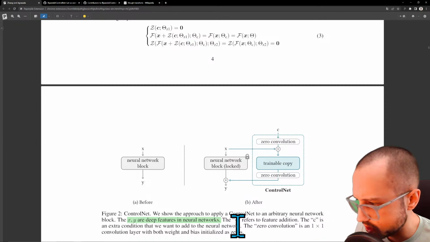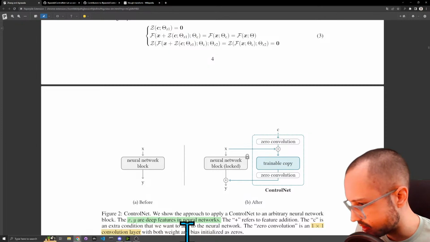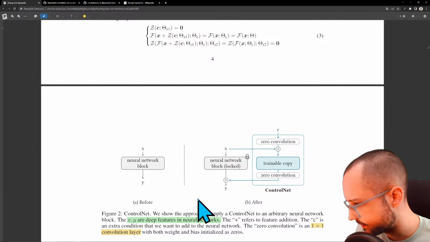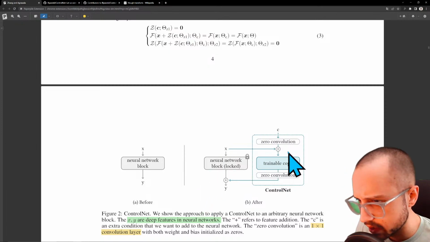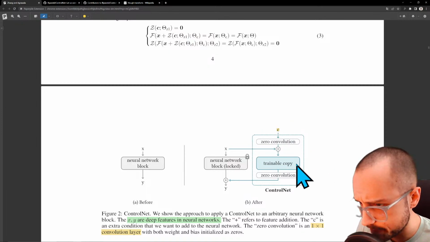The zero convolution is a 1-by-1 convolutional layer. Okay, here we go. With both weight and bias initialized as 0. Okay, so this is going to be where we're going to input our condition, right? Which is going to be the edge detection, or the edge image, or maybe the depth image.